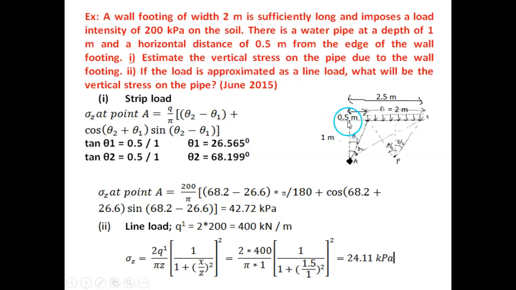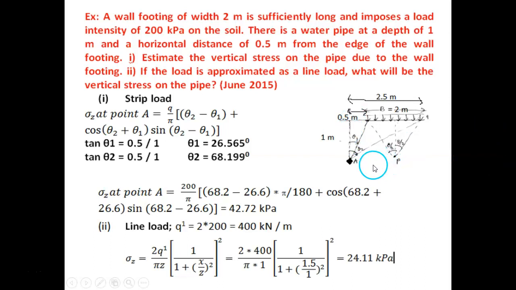So here strip load is given and the width is 2 meter. Now you have to find the increase in stress at a point A, which is located at a depth of 1 meter and horizontal distance 0.5 meter.